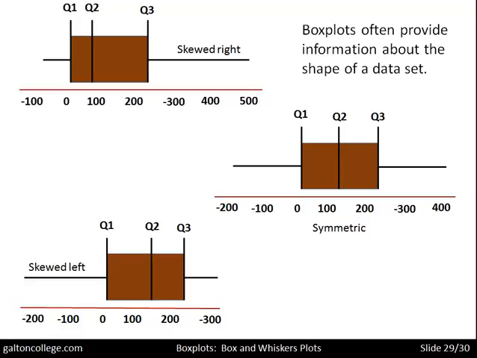Leaves us 50% of the data. And that 50% we represent in the box. And then we can talk about whether it's skewed, the range. We can talk about interpreting the data. And it's a pictorial way of showing what's happening within a small data set.